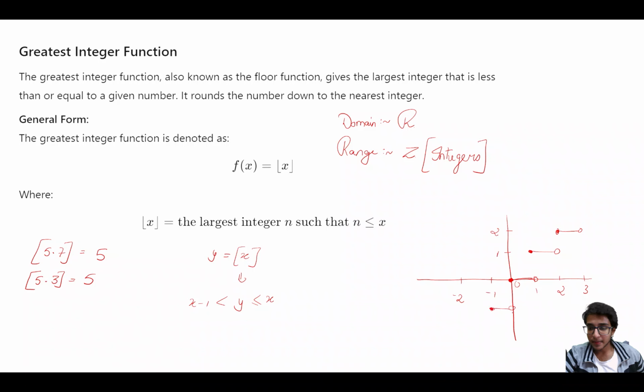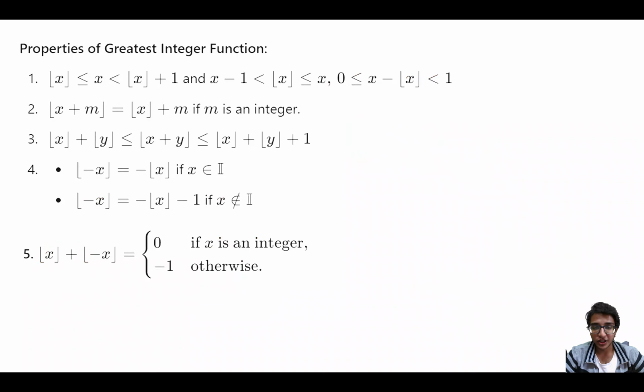So this is my minus 1, and here I would have, let's say, my minus 2. So this would be an open circle here and it would be a closed circle here. So this is basically how the graph of integer function looks like, and this is how you are supposed to draw it. Try to frame values in your head and then put a few values. Based on that, you would be able to draw the graph of any function that you have.